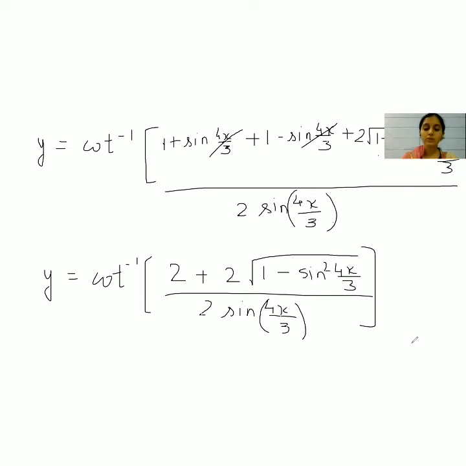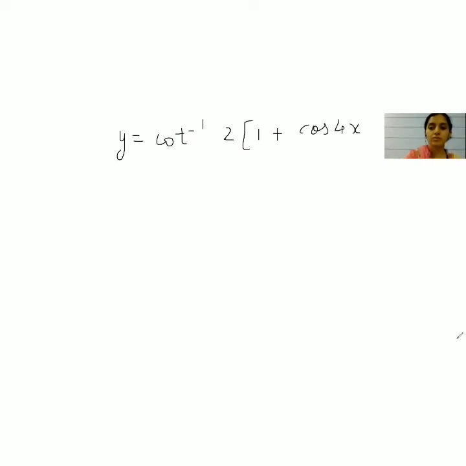So cos square 4x by 3 under the root, so we'll have only cos 4x by 3, divided by 2 sine 4x by 3. Right? 2 cancels out. 1 plus cos can be written as 2 cos square x by 2, right?